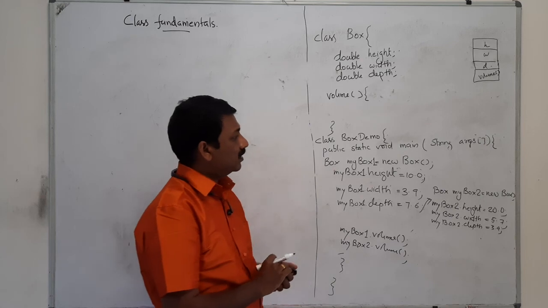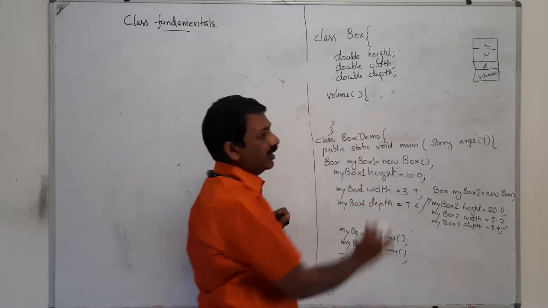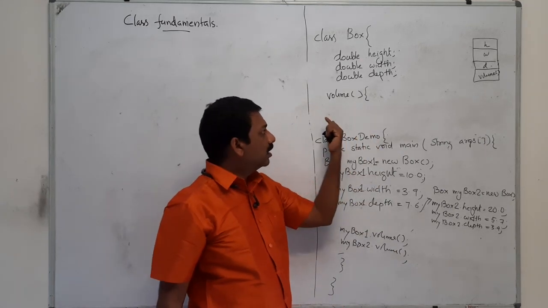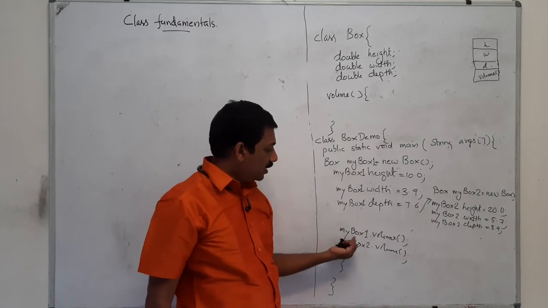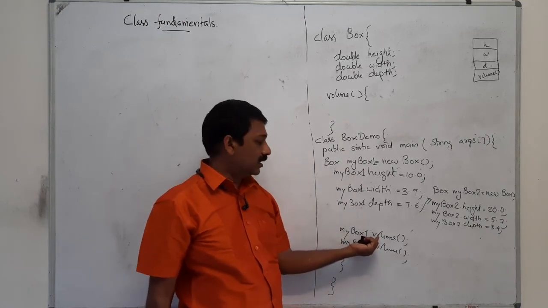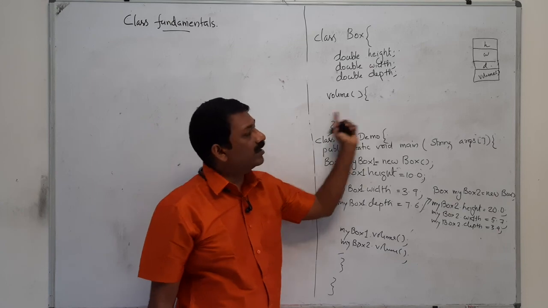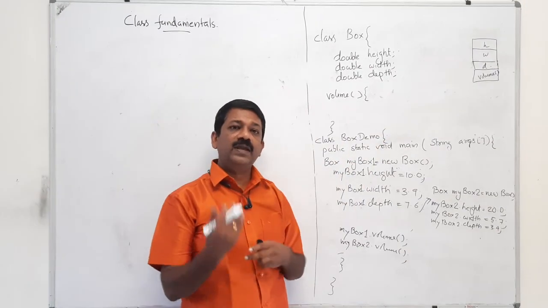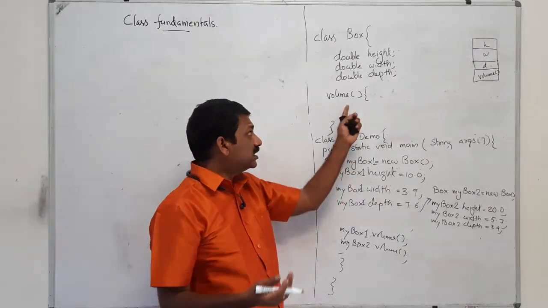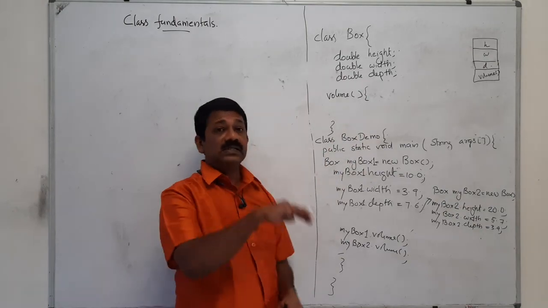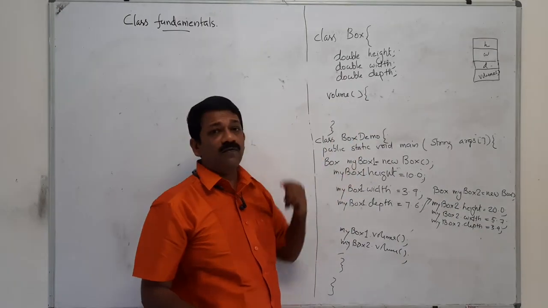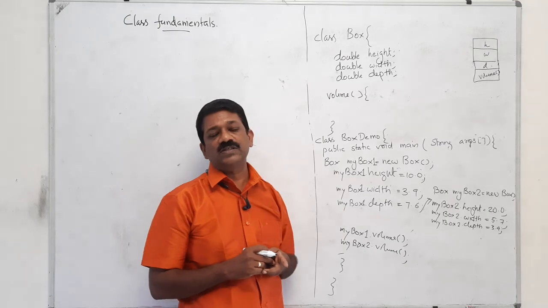In the previous version, when my box dot volume is called, it calculates the volume and prints it. Instead of printing that, suppose this volume returns the volume of the box which is referenced by the main program.